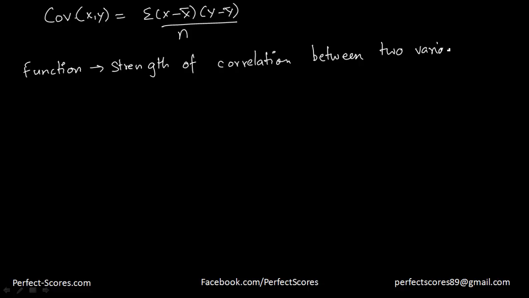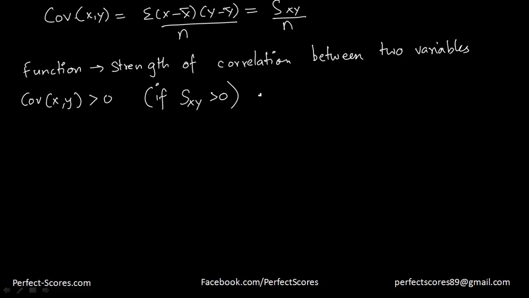So if I say that covariance of x and y is greater than 0, this is nothing but s of xy over the number of terms, so this is greater than 0 if s of xy is greater than 0, right? That means all the points are lying in the first and the third quadrant. So the higher the covariance, the higher the positive correlation between the two variables.